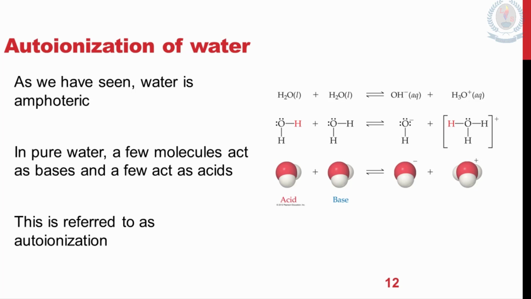Here in the picture you can see the reaction between two water molecules. It forms a hydroxide ion and a hydronium ion. The hydronium ion means H3O plus ion. That is the result of autoionization of water. Now let's see the other slide.